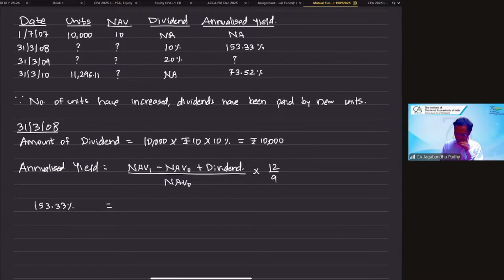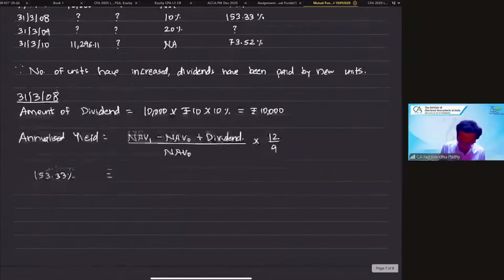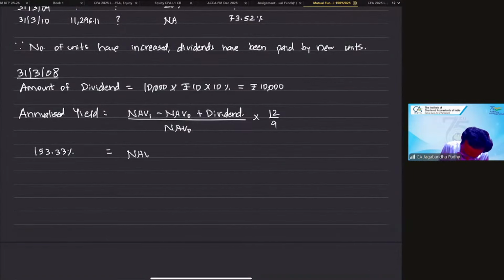Okay. So 153.33% is equal to, we don't know what the NAV is as on this date, minus NAV at the start, which is 10, plus the dividend that we are having on a per unit basis. Can I say 1 rupee?